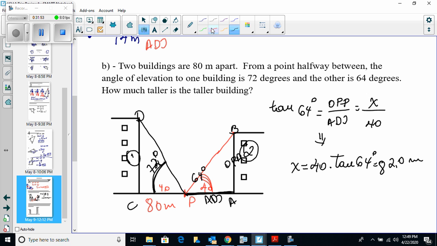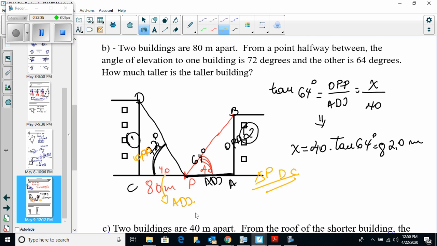And let's use a different color. Now we are dealing with the triangle PDC. In this triangle, what we have is PC is 40 meters and the angle P is 72. And we are looking for the side CD. So on this triangle, the side CD is the opposite side and the side PC is the adjacent side.